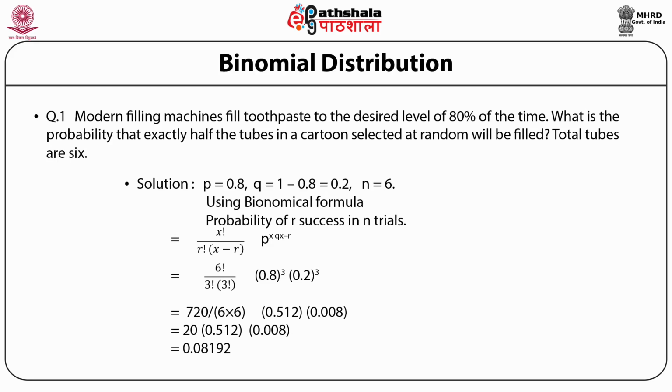Probability of success is 80%, so p is equal to 0.8, and q is calculated from 1 minus 0.8, that is 0.2. Using the binomial formula, probability of r successes in n trials is nCr p raised to power r, q raised to power n minus r. So using this formula, we will calculate.